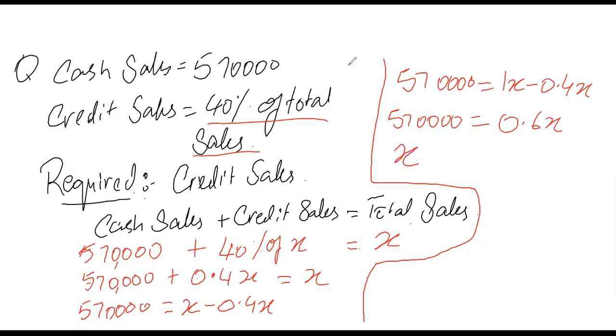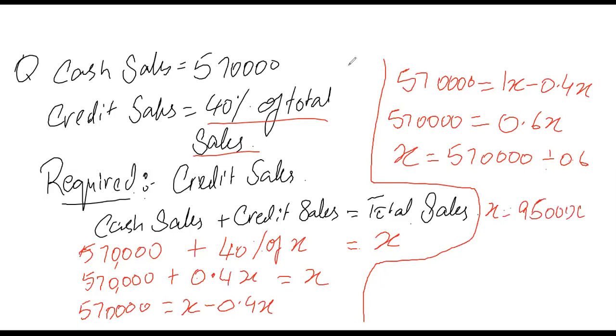After simplifying this, X is equal to 5,70,000 divided by 0.6, because it's being multiplied on the other side of equal to. If I take 0.6 to the other side of equal to, I'll be dividing 5,70,000 by it. So 5,70,000 divided by 0.6, I'll be getting an answer of 9,50,000. So X is equal to 9,50,000.